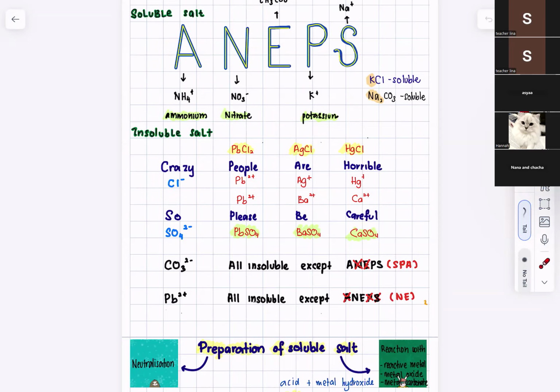Lead II chloride. Insoluble. Sodium sulfate. Soluble. Copper II carbonate.